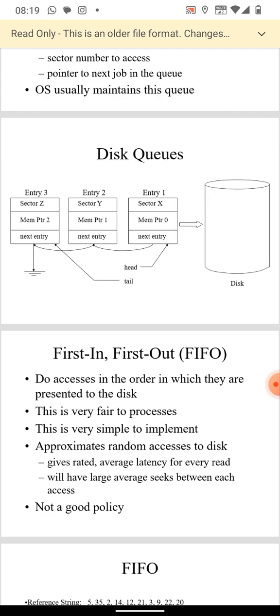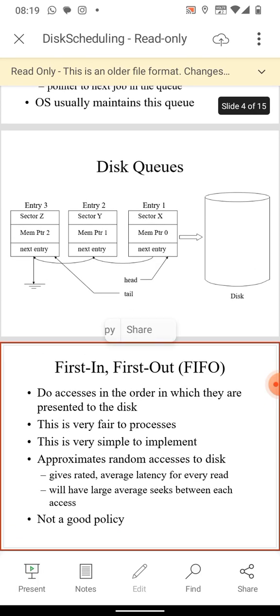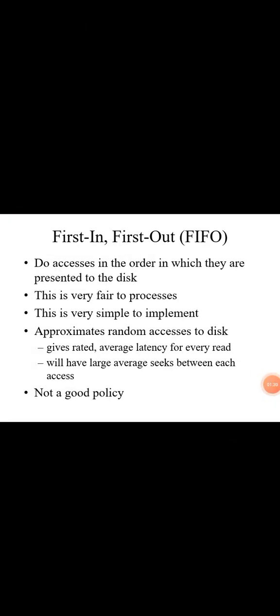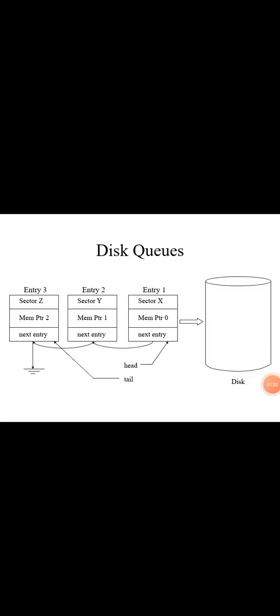Another one is the disk queue. These are all the disk queue entries available here. First of all, in the disk there are entry 1, 2, 3. The entries are different from the jobs.